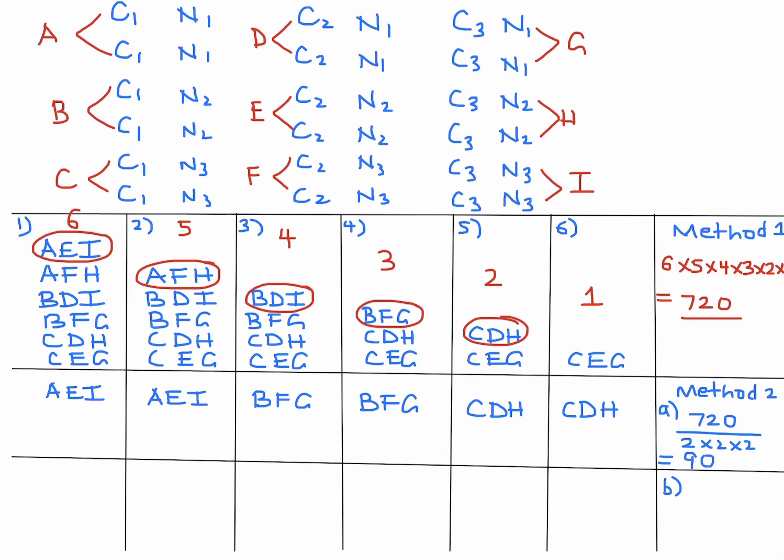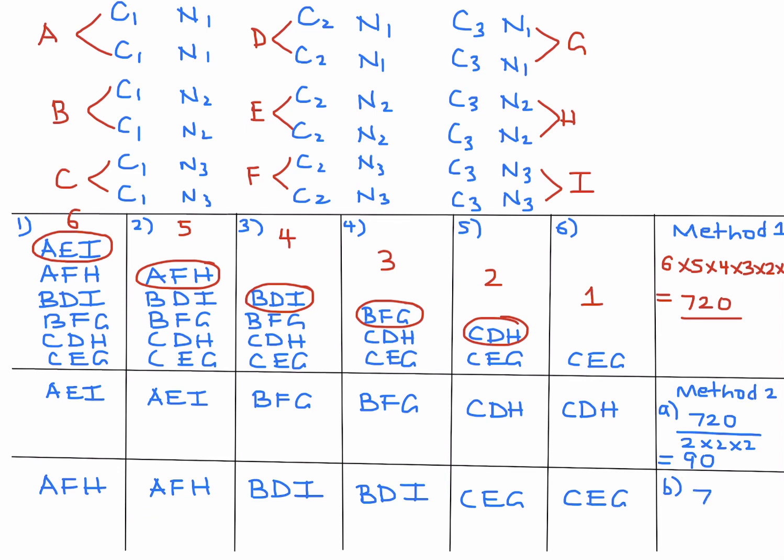The other scenario is identical in the same way, but the only difference is that you're using different combinations. So AFH, AFH twice, and then BDI, BDI twice, and then you're using CEG and CEG.